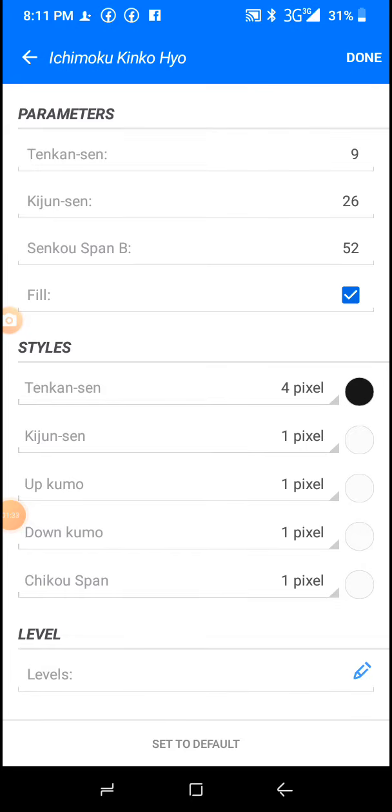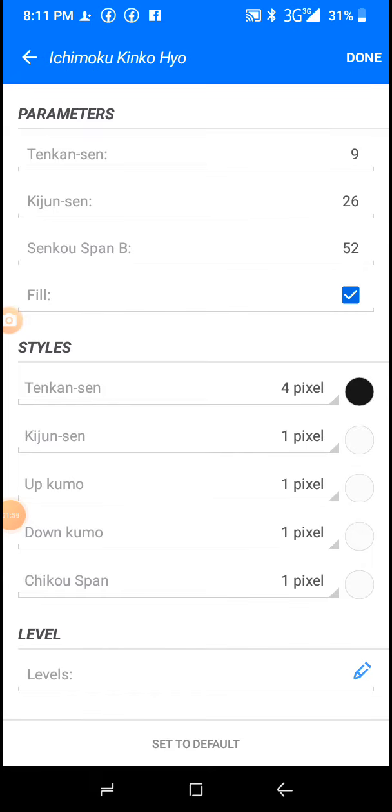We have the Tenkan Sen, which is 4 pixel, and my color is black because the color of my chart screen is white. So if yours is black, then it has to be white. And then we have the Kijun Sen, which is 1 pixel, and the up Kumo, which is 1 pixel, the down Kumo, which is 1 pixel, the Kinko span, which is 1 pixel.